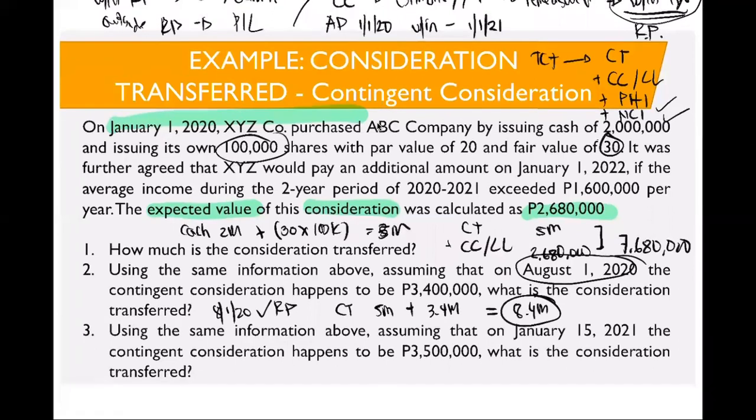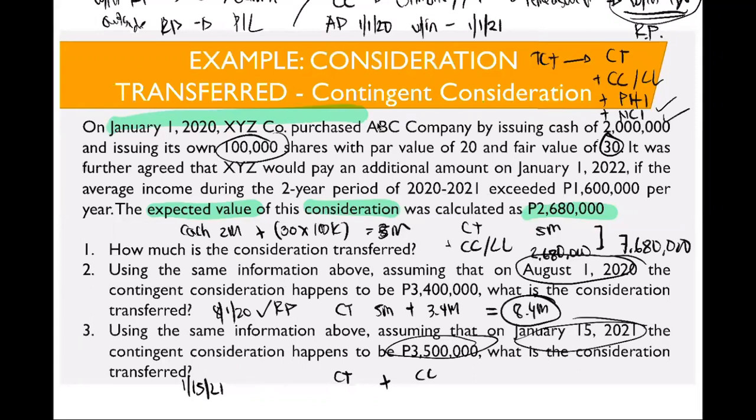How about number 3? So here in your number 3, using the same information, however, on January 15, 2021, the contingent consideration happens to be 3.5 million. So January 15, 2021, question, is it within the remeasurement period or not? Not within the remeasurement period.